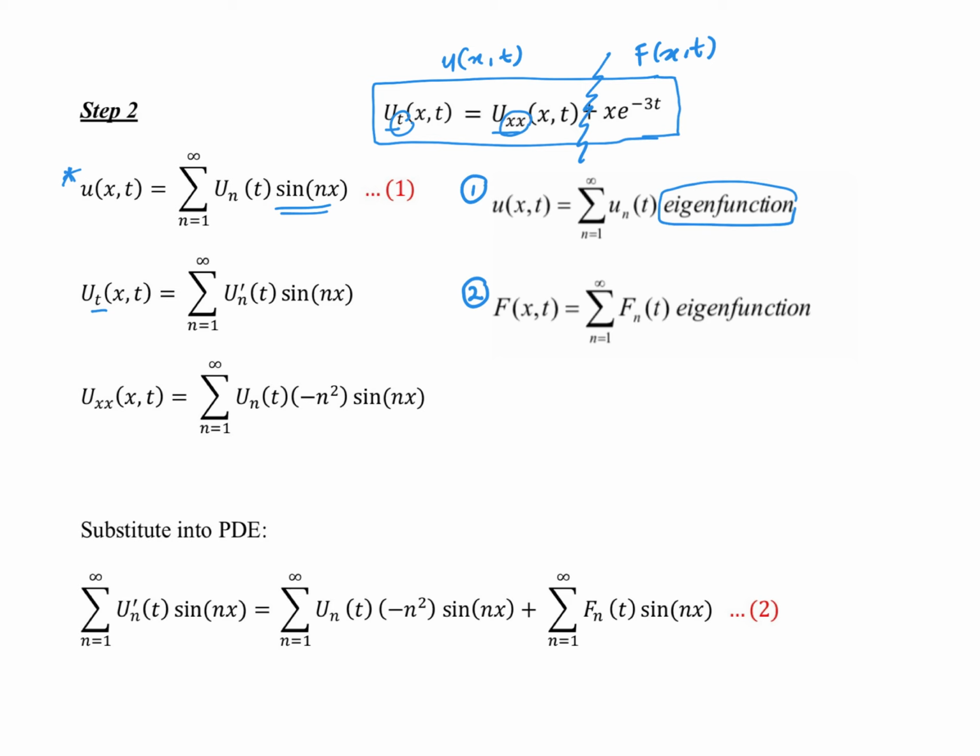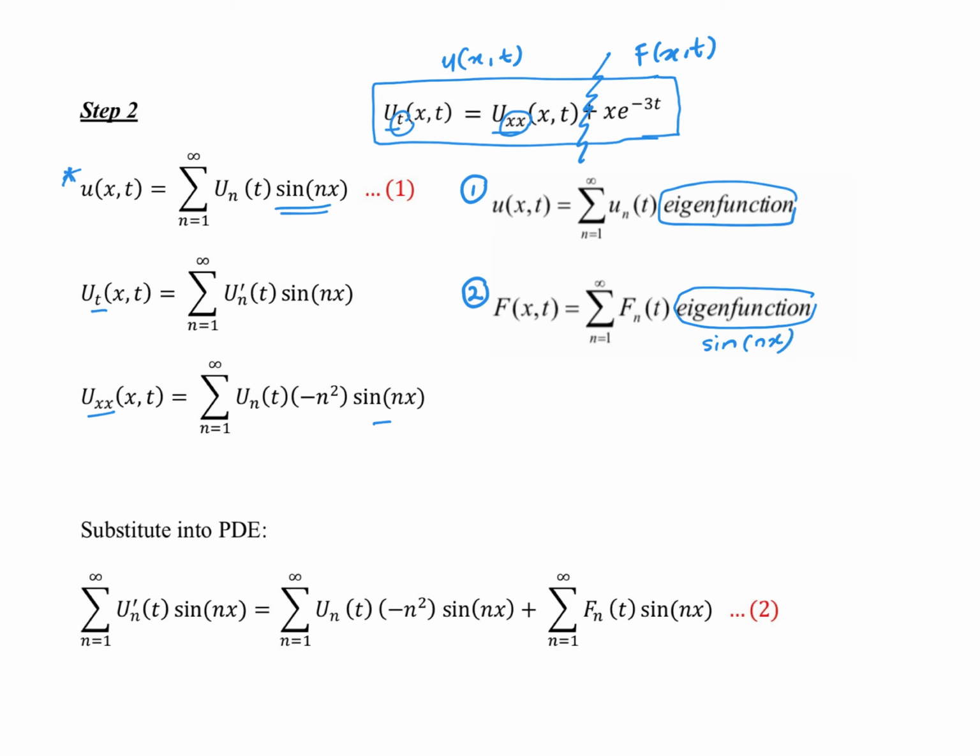We will get summation of u_n'(t) sin(nx). And then when we differentiate with respect to x twice, we will get summation of u_n(t) times -n squared sin(nx). And then for f(x,t), we will have f_n(t) and then our eigenfunction, which is sin(nx).